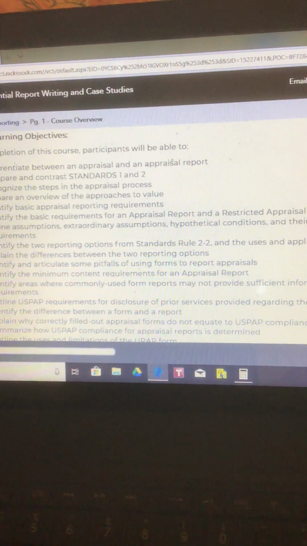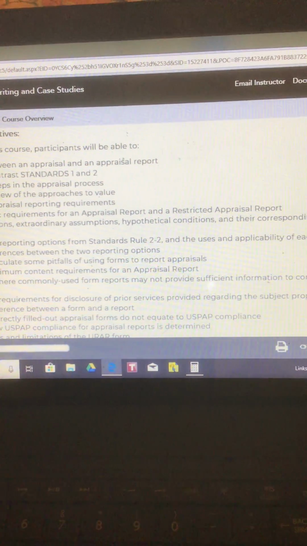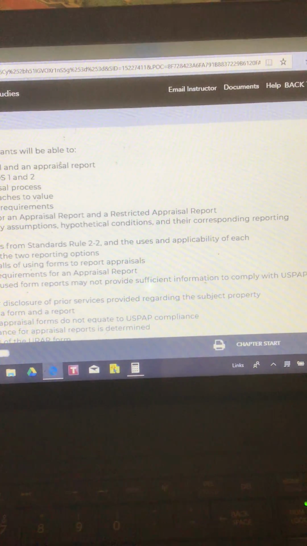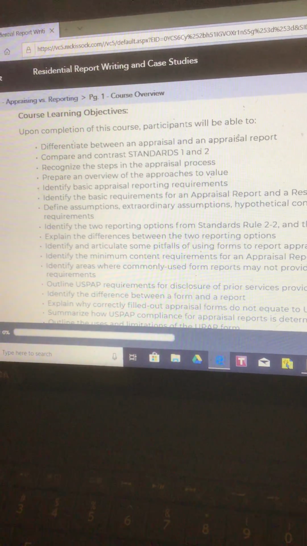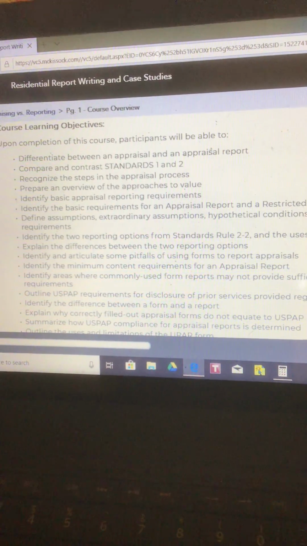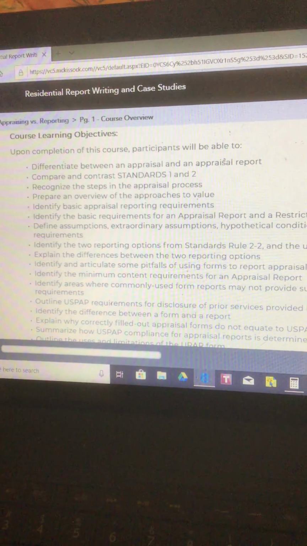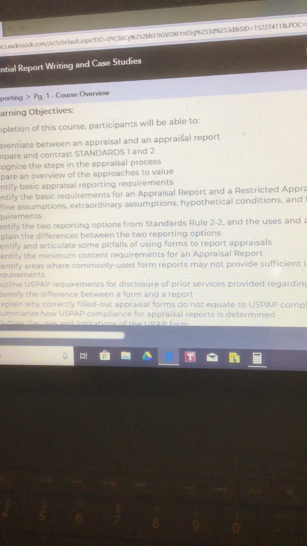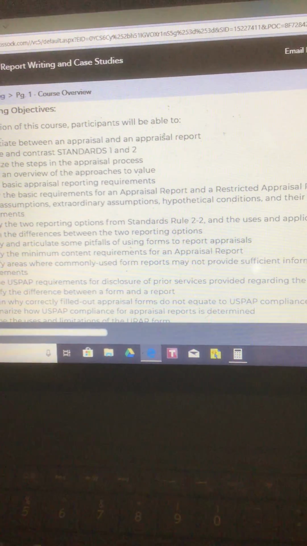Identify the 2 reporting options from Standards Rule 2-2 and the uses and applicability of each. Explain the differences between the 2 reporting options. Identify and articulate some pitfalls of using forms to report appraisals.